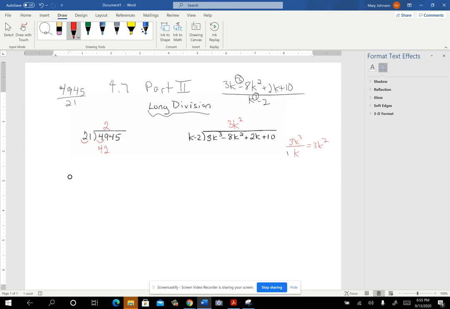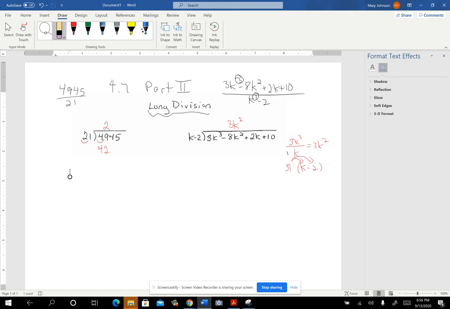All right, now what we did after we got the 2 over here on the left is we did 2 times 21. We multiplied those and got 42. So I'm going to do that same thing. I'm going to take the 3k squared times k minus 2. When I multiply that, I've got to distribute that. I've got to multiply the 3k to the, that should have been to the second right there.